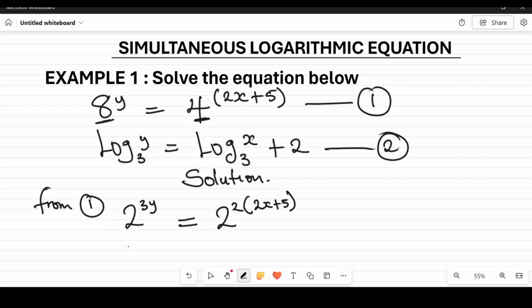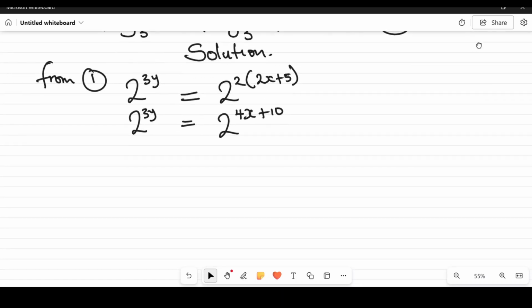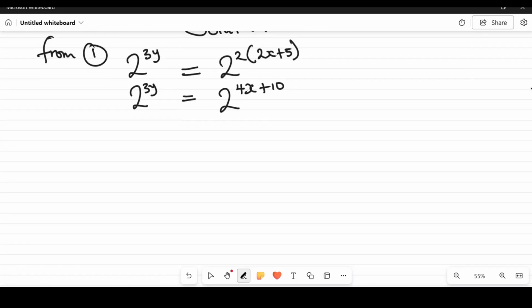So we have that 2 to the power of 3y is equal to 2 to the power of 2 times 2x is 4x, 2 times 5 is plus 10. Since our bases are equal, 3y is equal to 4x plus 10. Let's call this one equation 3.